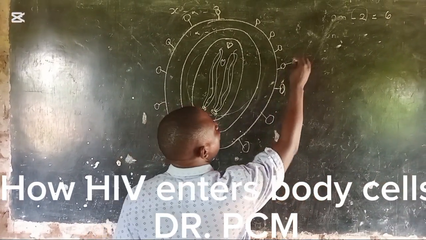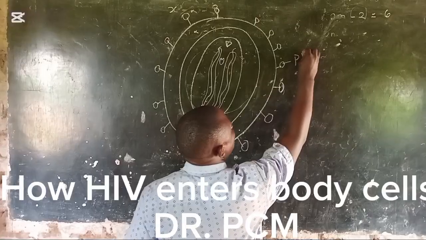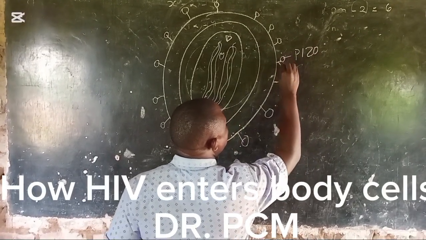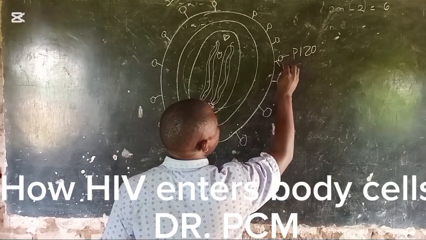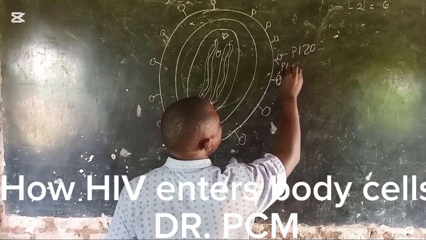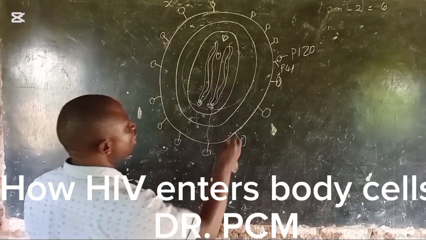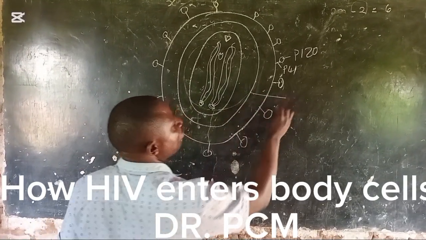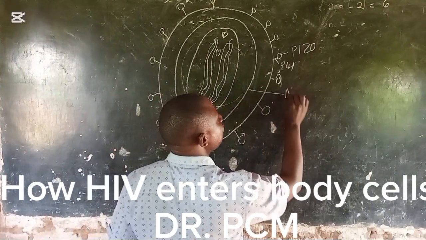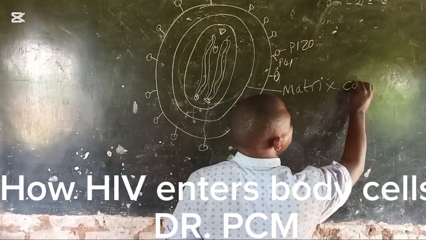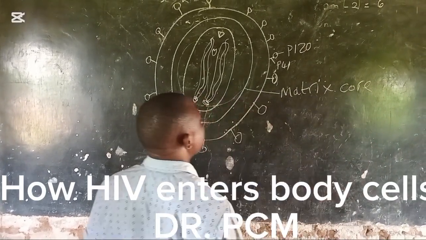We could call them legs, or hands, which help it to attach to a host cell. So the top of it is the P120, then what joins it to the virus is P41. Then we have this part, it's called the matrix core.